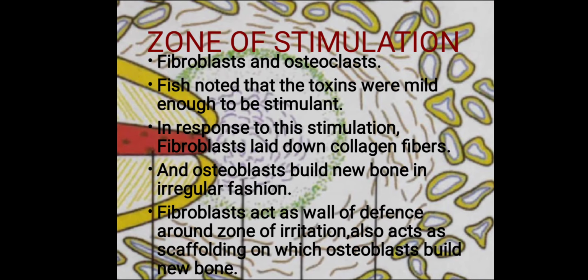So in response to this stimulation, the fibroblasts lay down collagen fibers and osteoblasts build new bone in irregular fashion, that is sclerotic bone. Also, these fibroblasts act as a wall of defense around the zone of irritation, and also act as a scaffolding on which osteoblasts can build new bone.